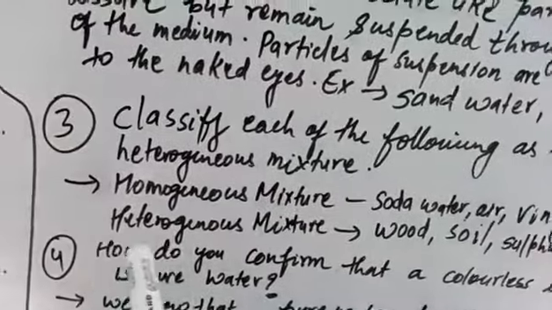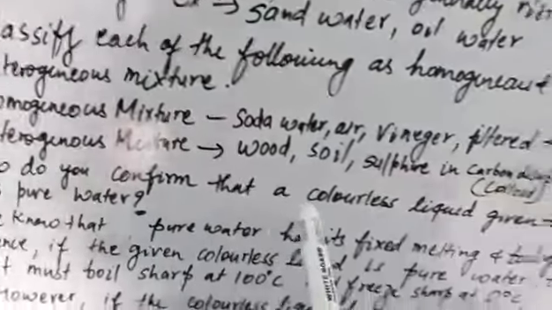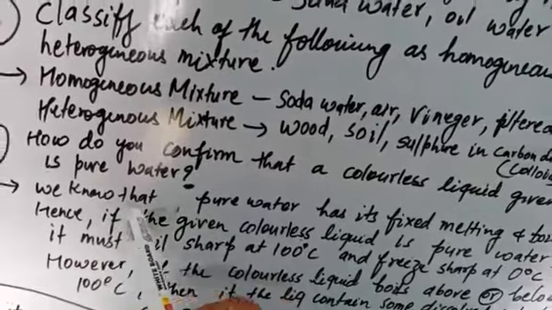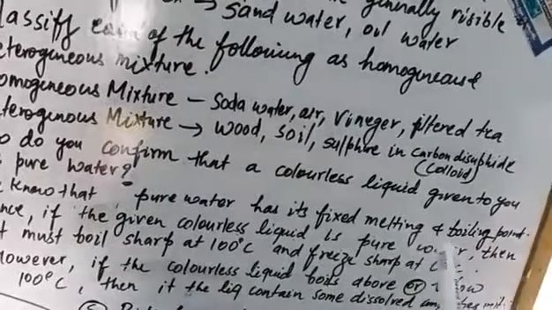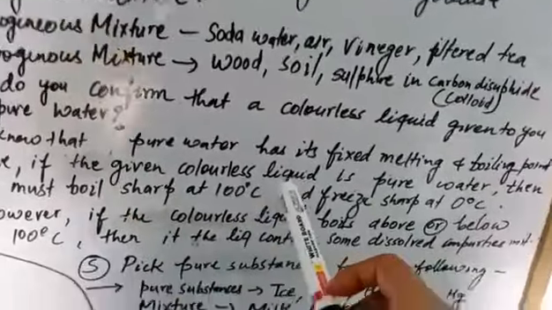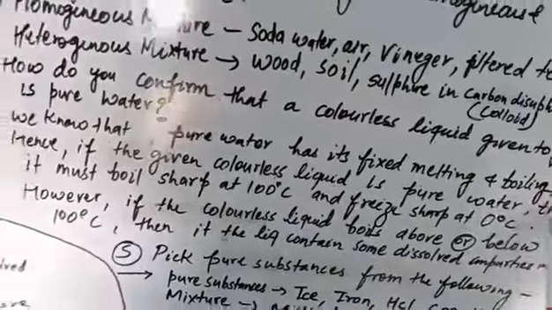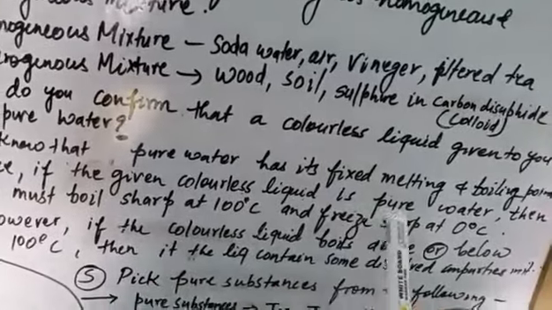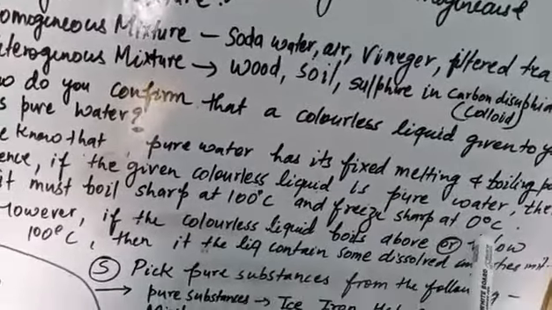Now the next question is, how do you confirm that a colorless liquid given to you is pure water? We know that pure water has a fixed melting and boiling point. Hence, if the given colorless liquid is pure water, then it must boil sharp at 100 degrees Celsius and also freeze sharp at 0 degrees Celsius.